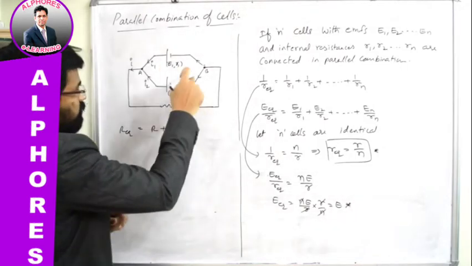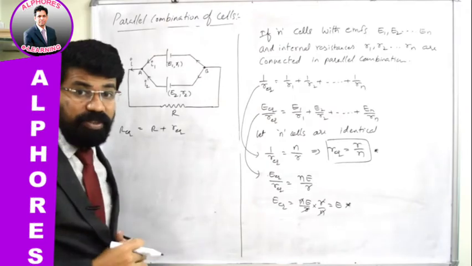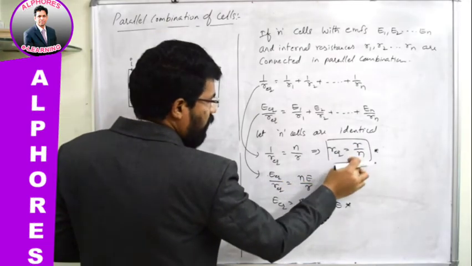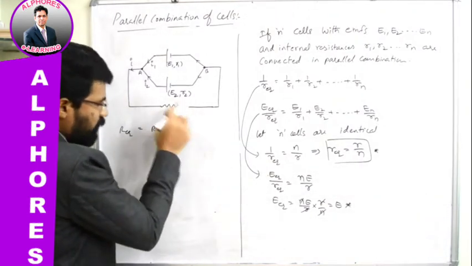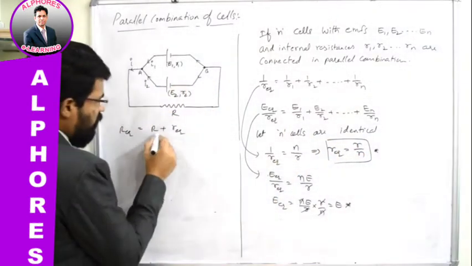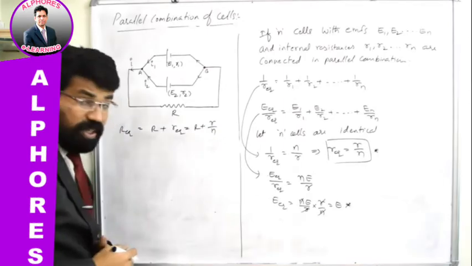Total resistance, see here I have taken only 2 cells. What if you are taking n cells which are identical? If they are identical, what is the effective internal resistance? R by N. Then the total resistance in the circuit will be external resistance plus internal resistance. Internal resistance is how much? R by N. So R plus R equivalent, or R plus R by N. That's how you can write R equivalent.